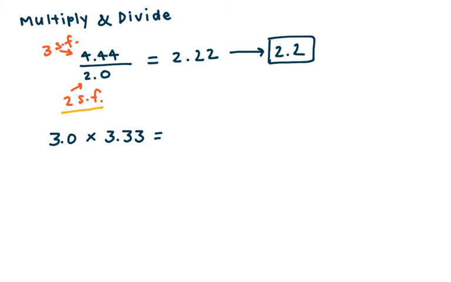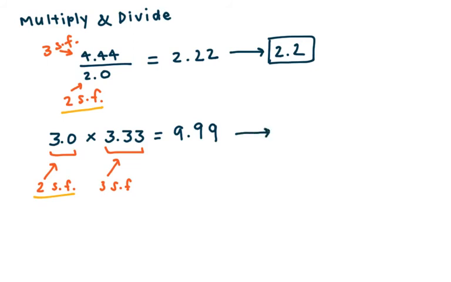Next, we have 3.0 times 3.33. When you multiply those two, you're going to get 9.99. Again, you're going to use the same technique. So here you have 2 sig figs. Here you have 3 sig figs. And 2 is less than 3, which means that for my answer, I want 2 sig figs.